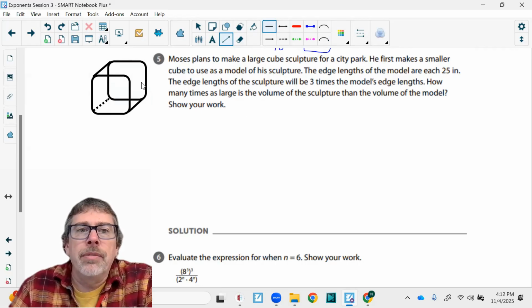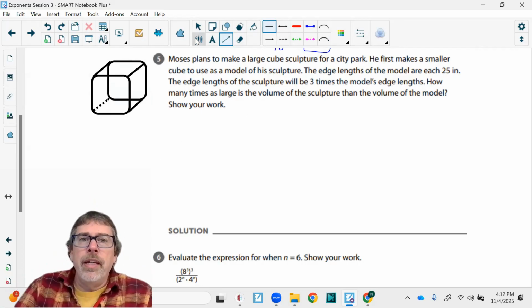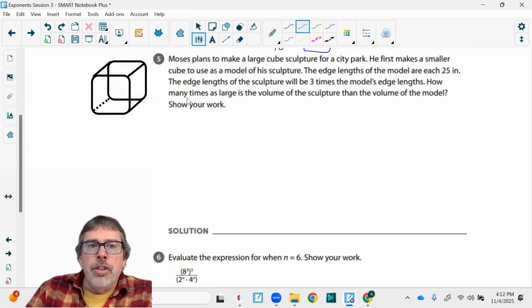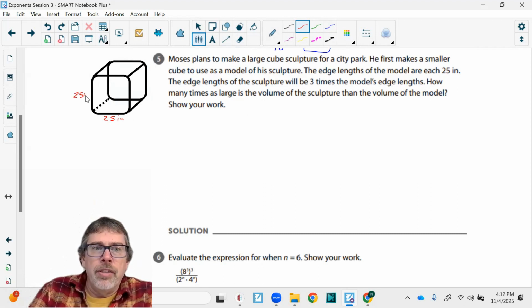We make it dashed. Okay, so there's our cube. And what they're saying is the edge length of the model is 25. So this is 25 inches. The height is 25 inches. And the depth is 25 inches. So it's a cube.